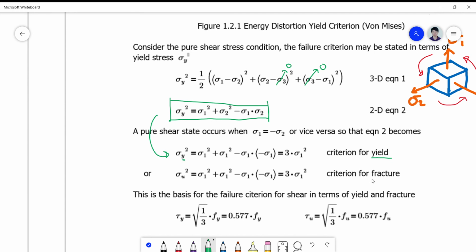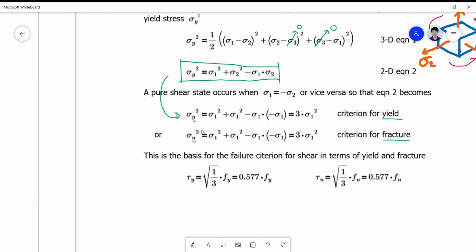If we use it for a fracture criterion, we just use a subscript u there. The point is, if we now equate your failure stress with the value of the right-hand side in terms of sigma 1, then we can create the value of tau y or tau u in terms of a fraction, the square root of 1/3 of the stress, or simply 0.577 of the stress.